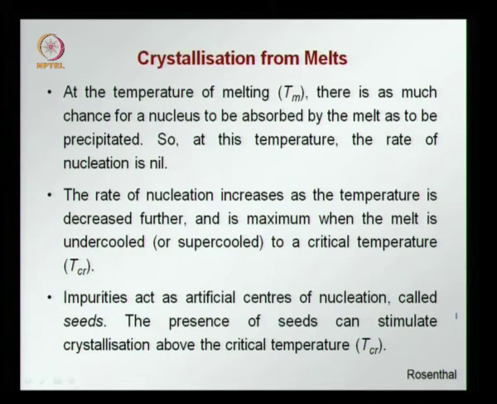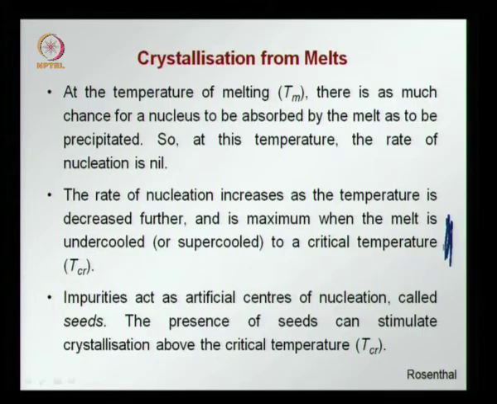That is, the temperature has to be such that the melt is supercooled or undercooled to a critical temperature, T critical. Only below this temperature we have nuclei forming and leading on to the dendritic structure that we talked about before and the grains forming.